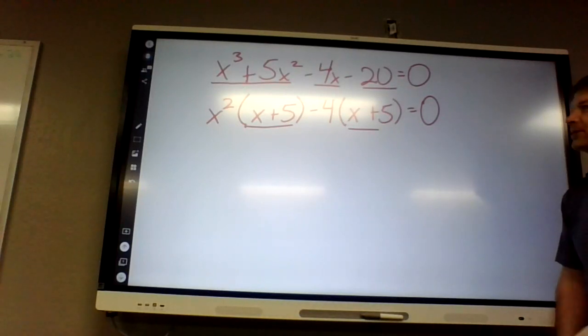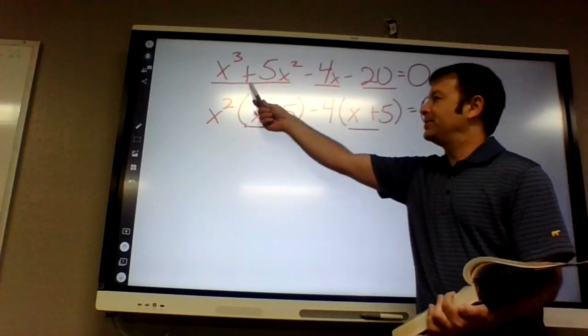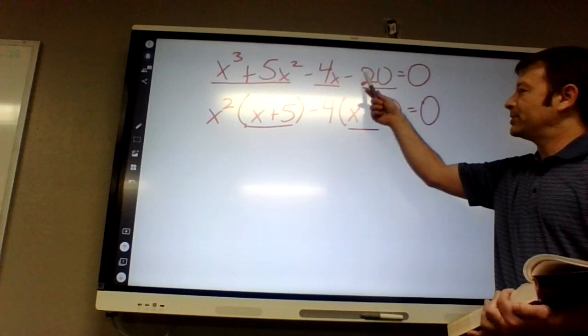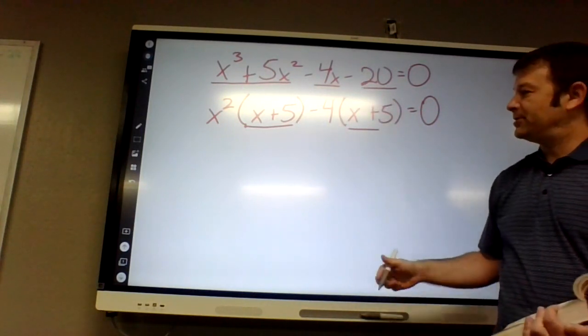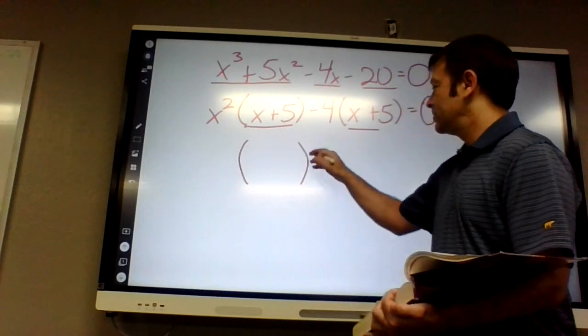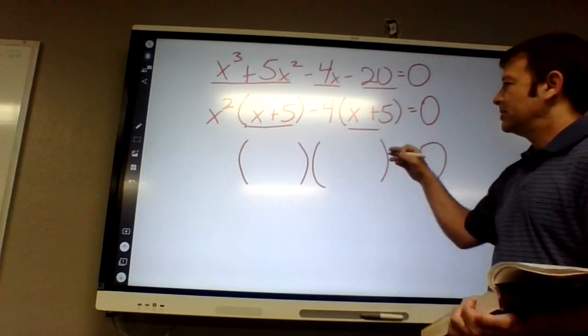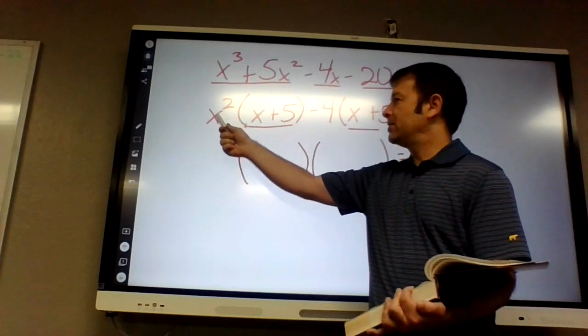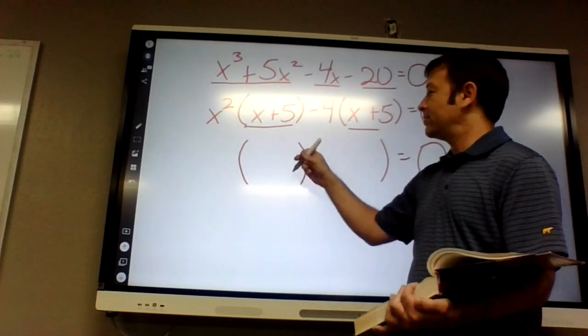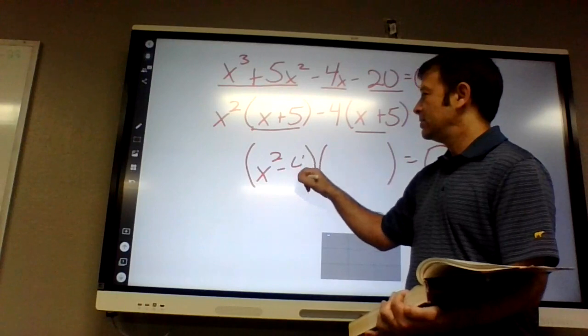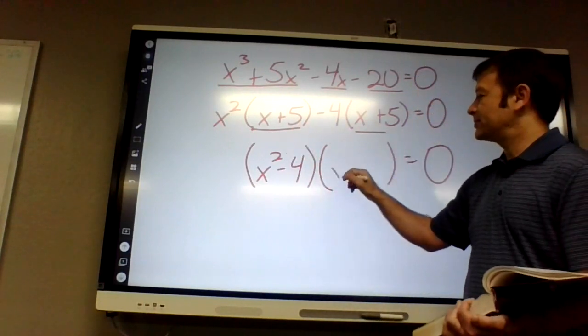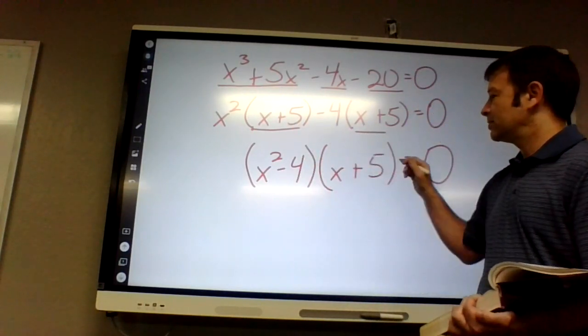So I just took out stuff from the first two, and then separately I took out stuff from the second two. Okay, what this turns into is the outside stuff, x squared minus 4, goes in one parentheses, and the inside stuff, x plus 5, goes in the other.